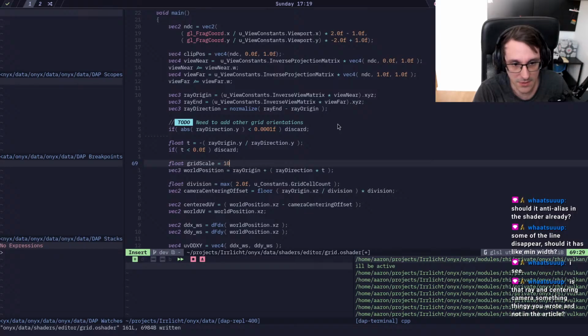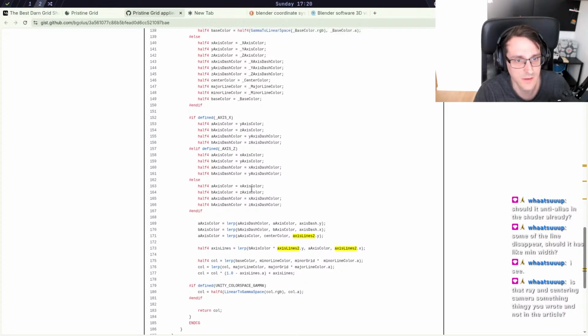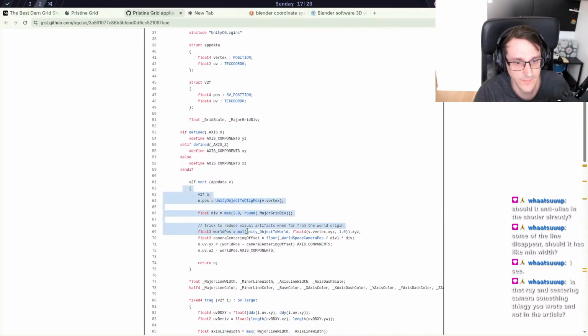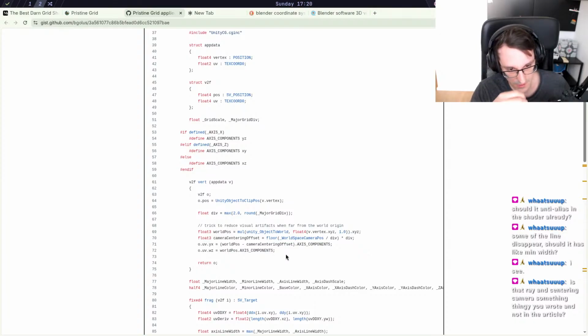And let's do 10 for now. It is kinda in the article, it's in his vertex shader he does it. But maybe I'm not doing it correctly. He uses a mesh to render the plane. I'm doing a full screen shader, but that shouldn't make a difference.